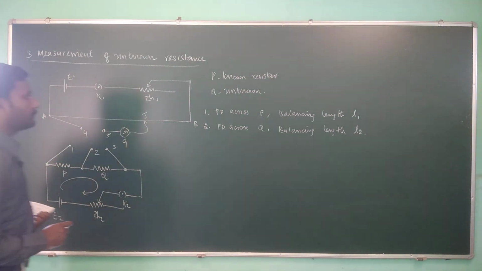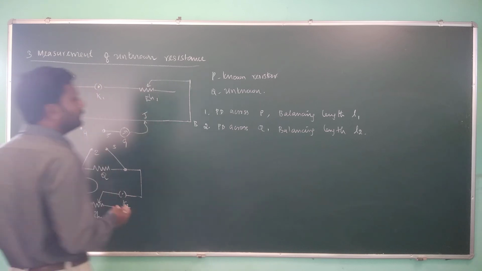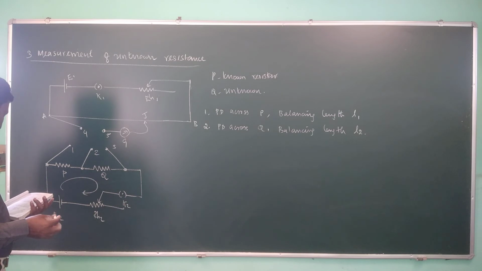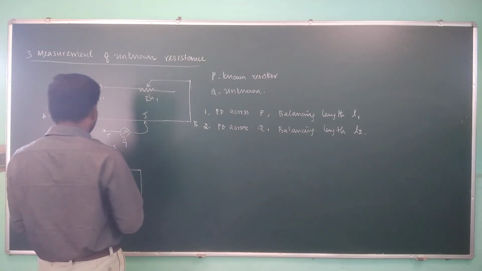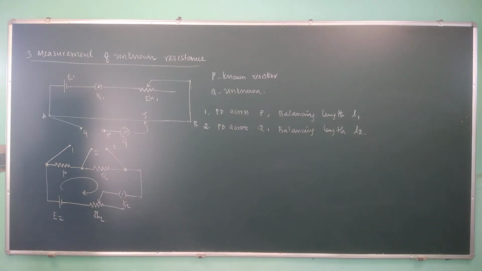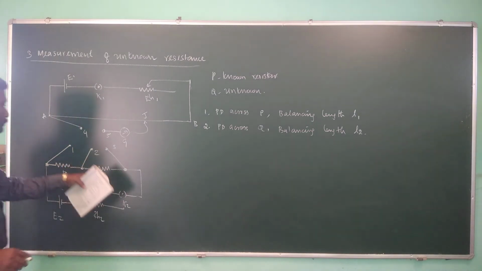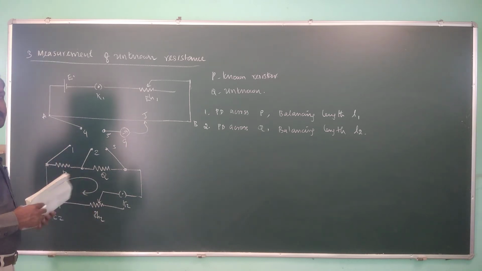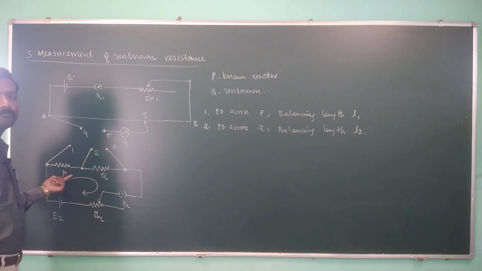Now this potential difference across P and potential difference across Q depends upon the current flowing through it multiplied by this resistance P, right?